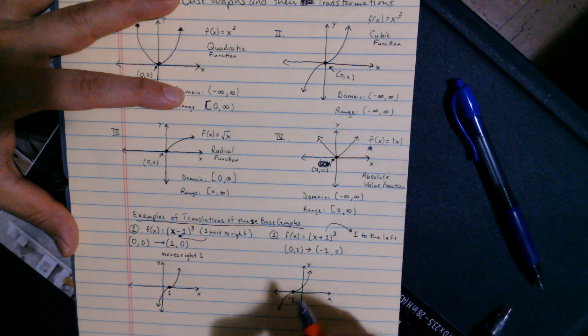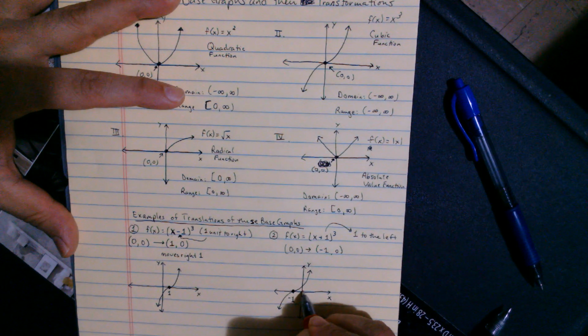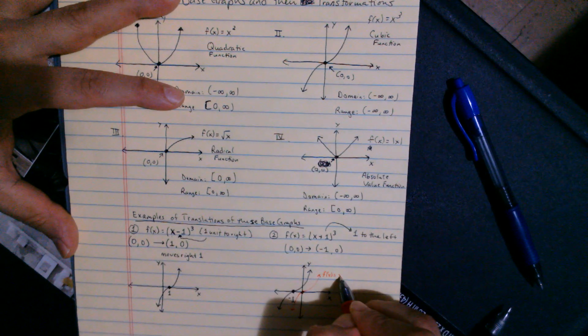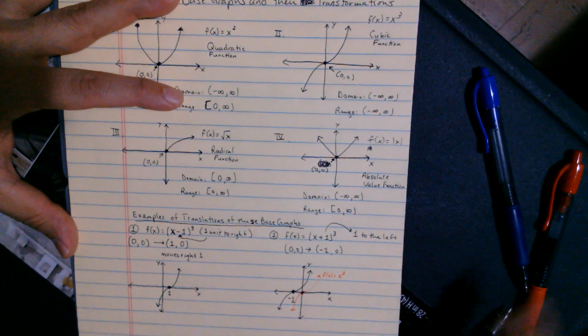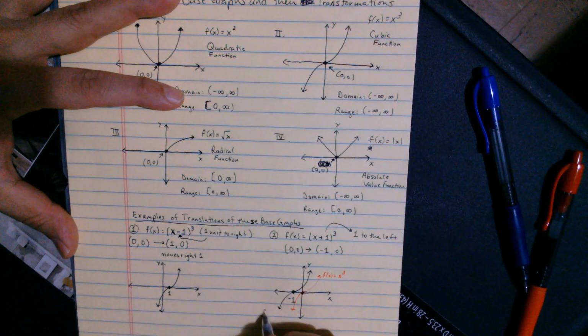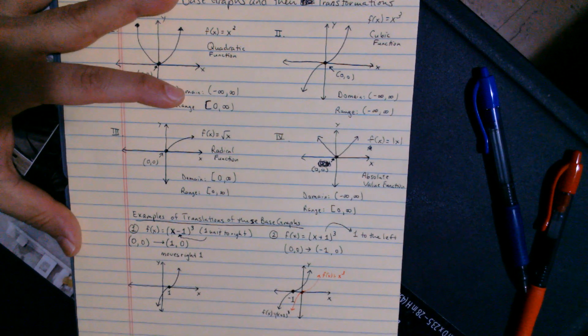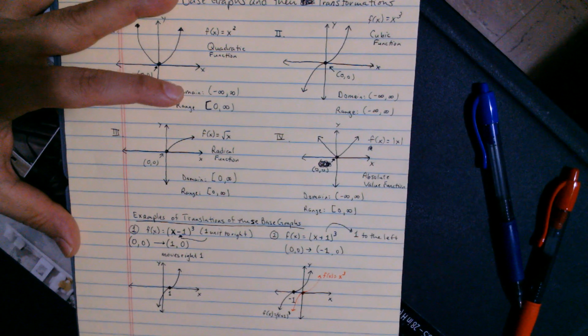I hope I don't mess you up here. But this is f of x equals x cubed, and this is f of x equals (x plus 1) cubed. I'm trying to squeeze it in there kind of small. I don't know if you can see that or not too well.